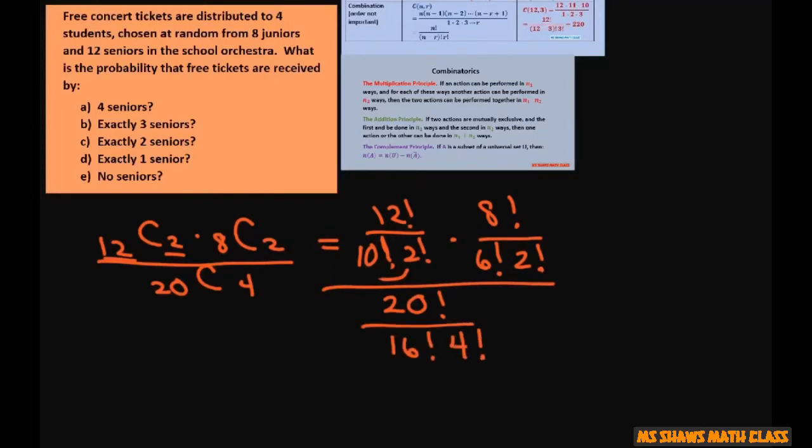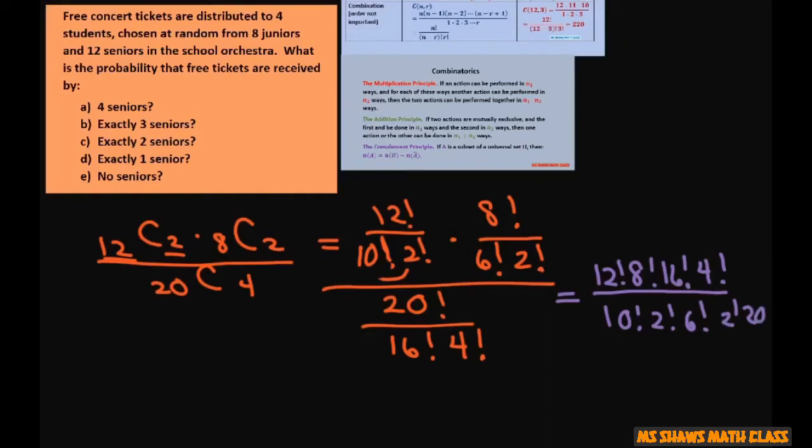All right. So, working all this out, you're going to get 12 factorial times 8 factorial times 16 factorial times 4 factorial. And the denominator is going to be 10 factorial, 2 factorial, 6 factorial, 2 factorial, and 20 factorial.